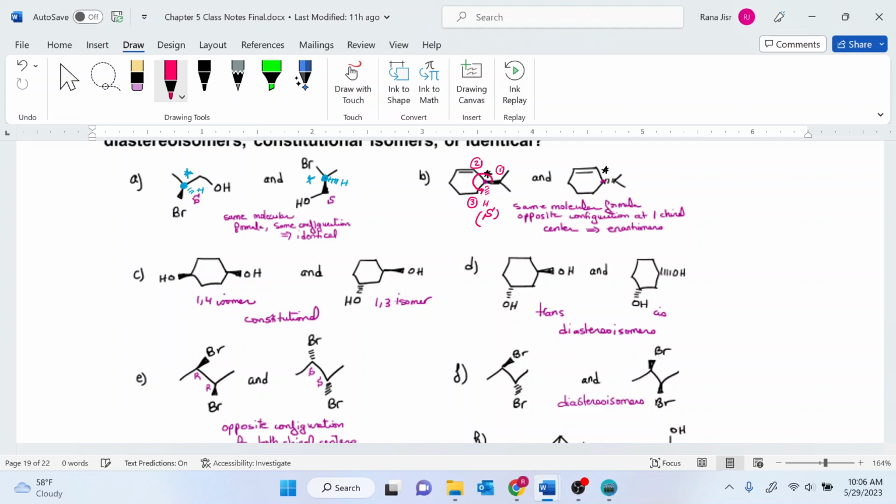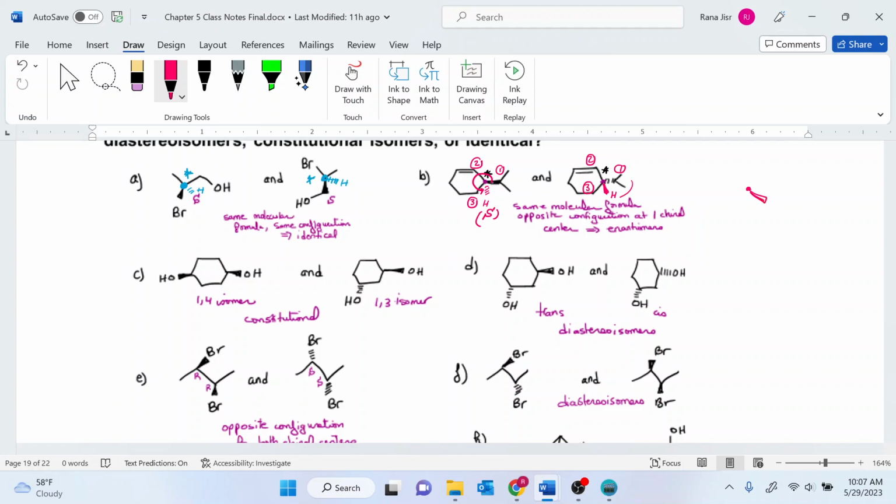Now for this one, I have my hydrogen, which is in front. So I need to switch at a certain point. I have a group 1, a group 2, and a group 3. Let's just switch here. I'm going to switch the 1 with the 4.